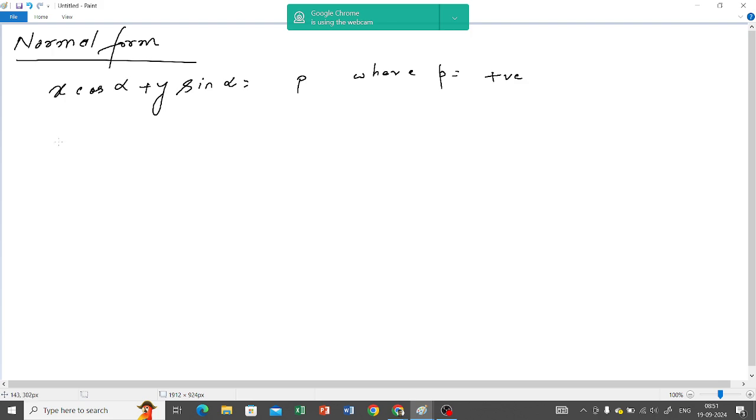So how to do that? Also we have ax plus by plus c equals 0, right? Or ax plus by equals minus c. This is what we have.